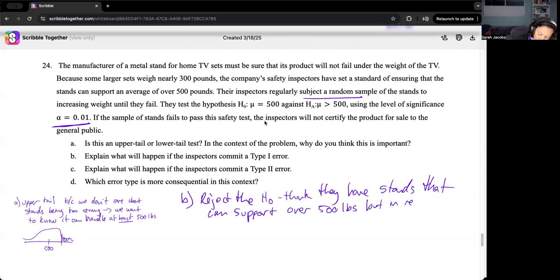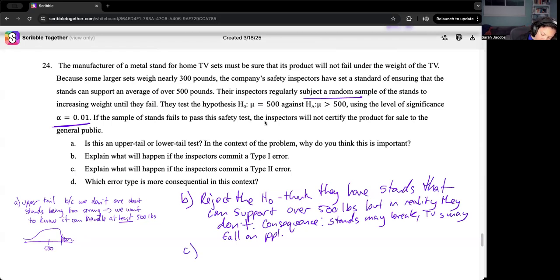But in reality, they don't. So that is describing the type 1 error. The consequence of that: stands may break, and TVs may fall on people. That doesn't sound ideal.